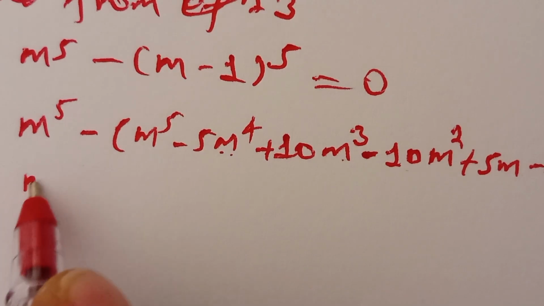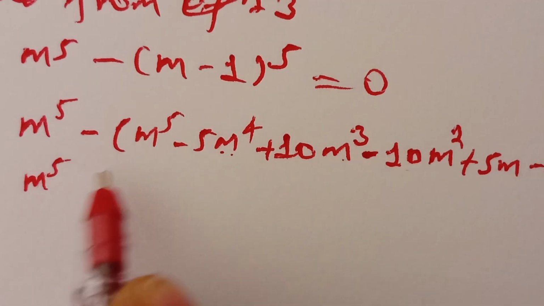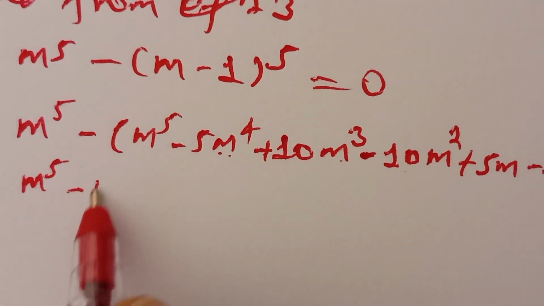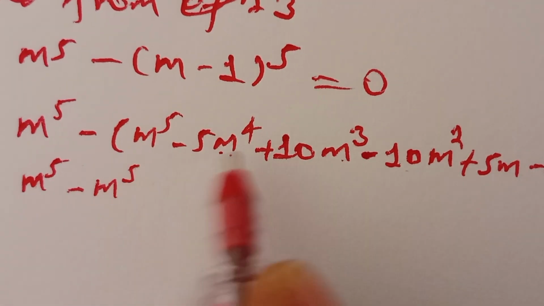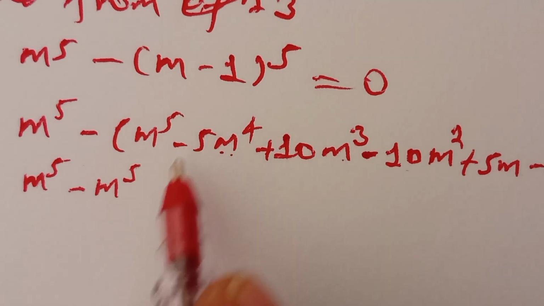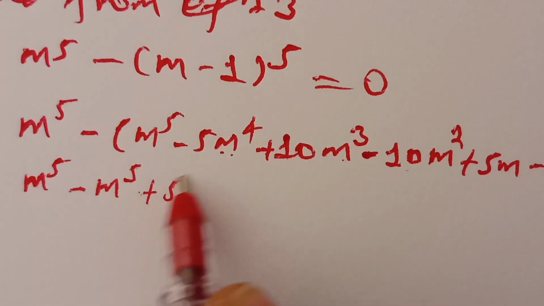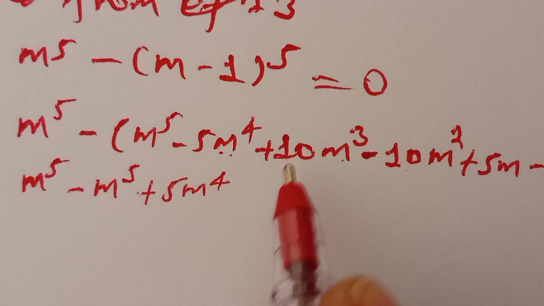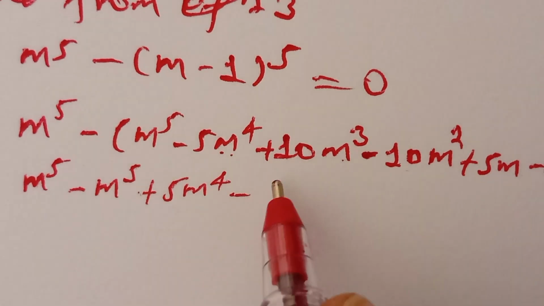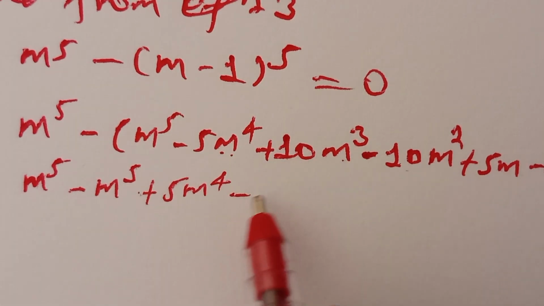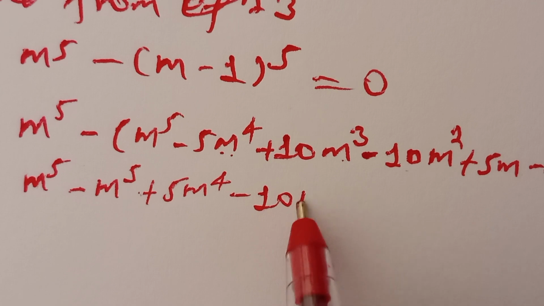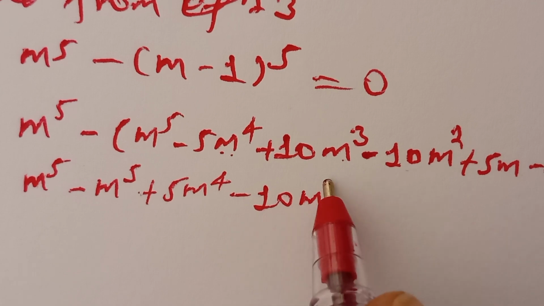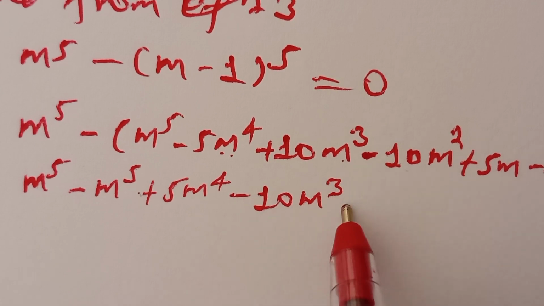m to the power of 5 is minus m to the power of 5, and this minus becomes plus 5m to the power of 4, minus the plus becomes minus 10m to the power of 3.